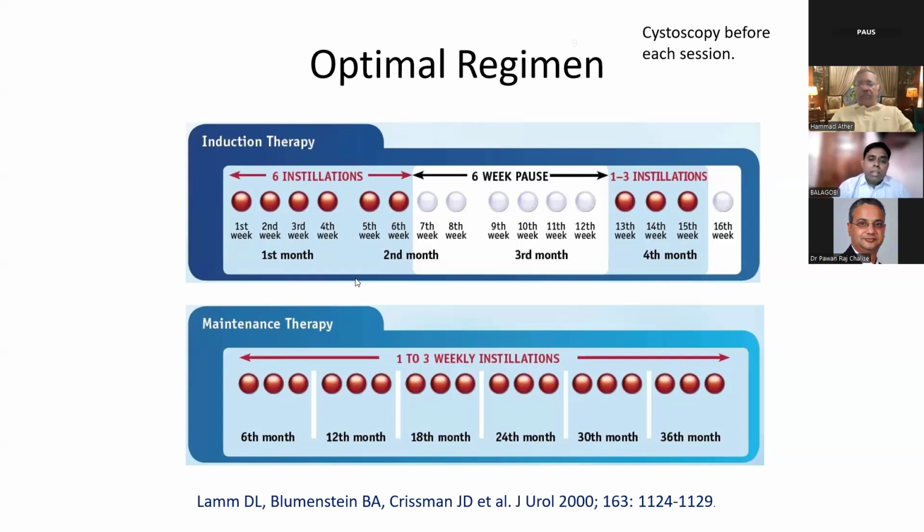Then every 6 months, 3 weekly BCG instillations. So that's about 3 years. But we have to make sure, before starting the session, we do a surveillance cystoscopy. No one agrees what the correct regimen is, but this is one of the standard methods.